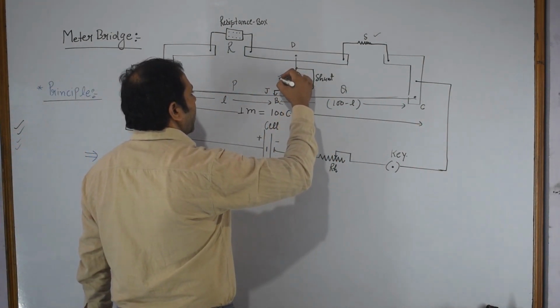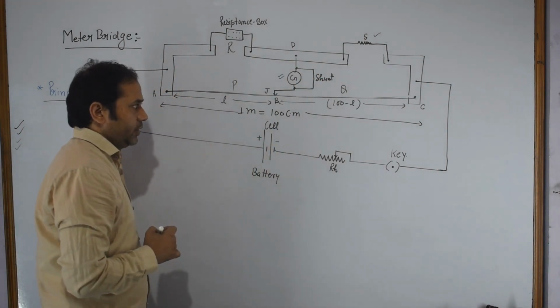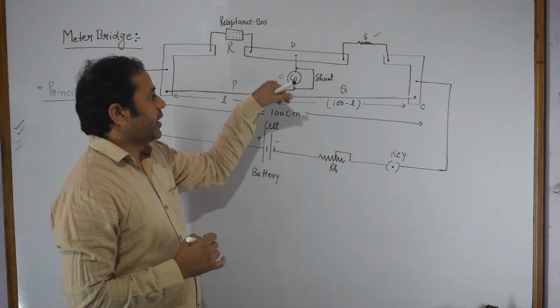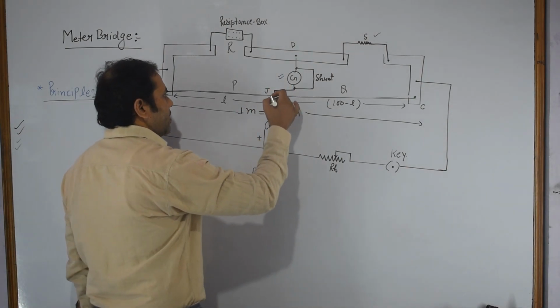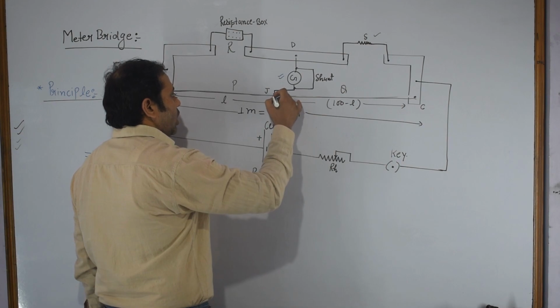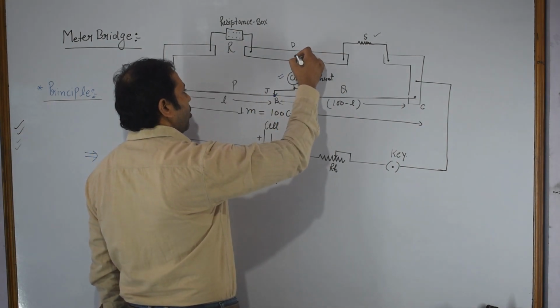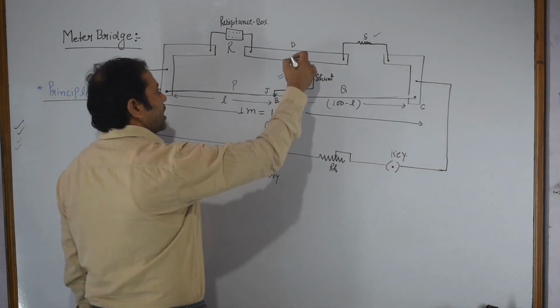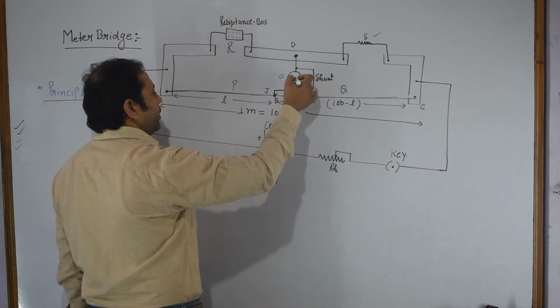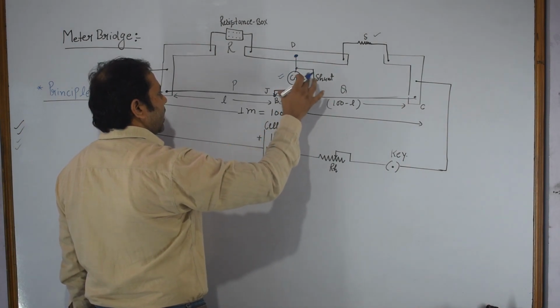When there is no current in the galvanometer, at this point the potential of point B and the potential of point D will be equal. Due to the same potential, there will be no current in the galvanometer.